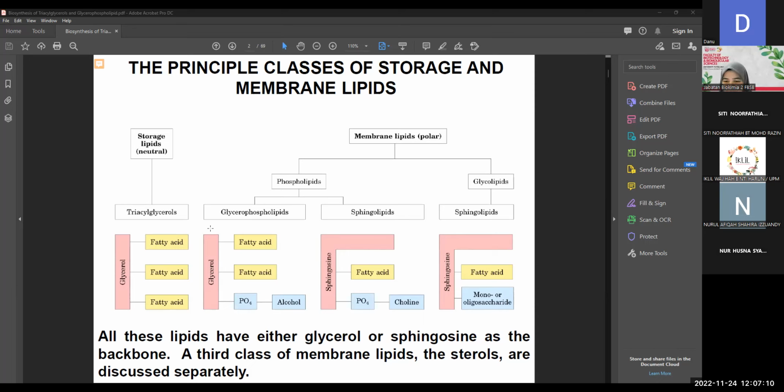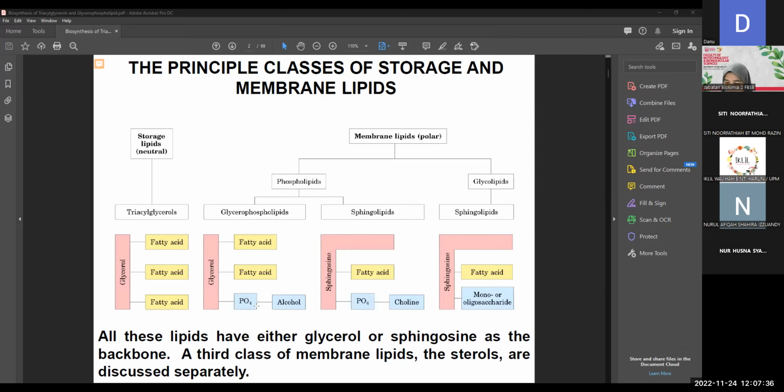Glycerophospholipids still have glycerol as the backbone, and it has 2 molecules of fatty acid, and the name glycerophospholipid shows that it has a phosphate group and also an alcohol group at carbon 3.